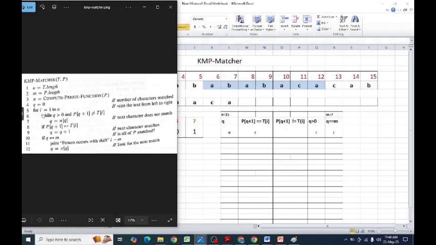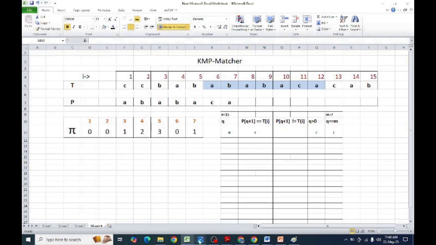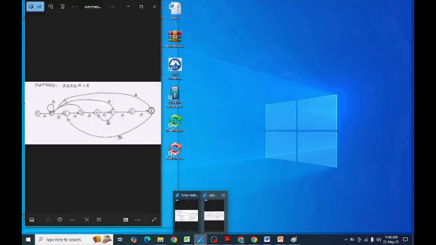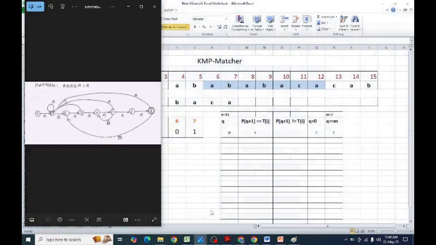Then again we will take the next character, i will be incremented. Okay, so what is happening is t1 and p1 are not matching. See the automata, we are in the 0 state, q is equal to 0. Once we get a character a, we will be moving to the next state, q will be updated. Okay, let us see that.